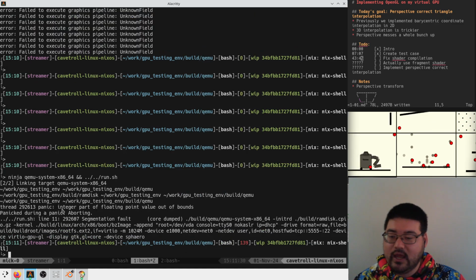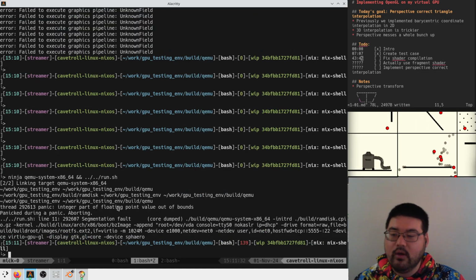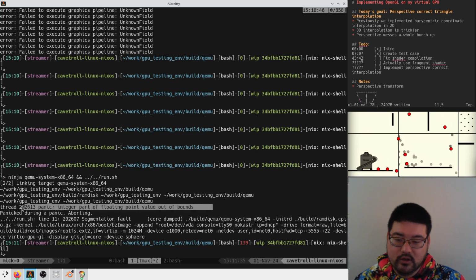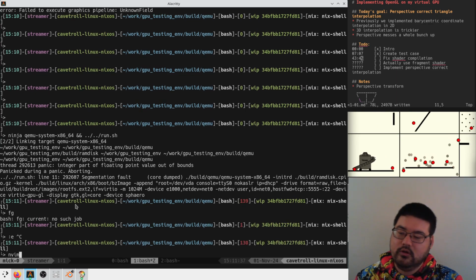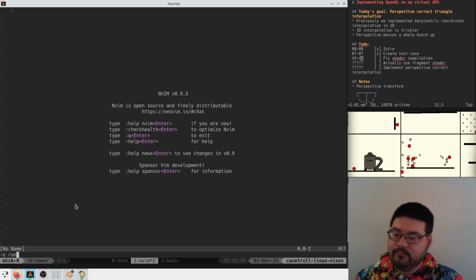So now we are crashing at integer part of floating point value out of bounds. That's interesting. Let's take a look at what's going on there.